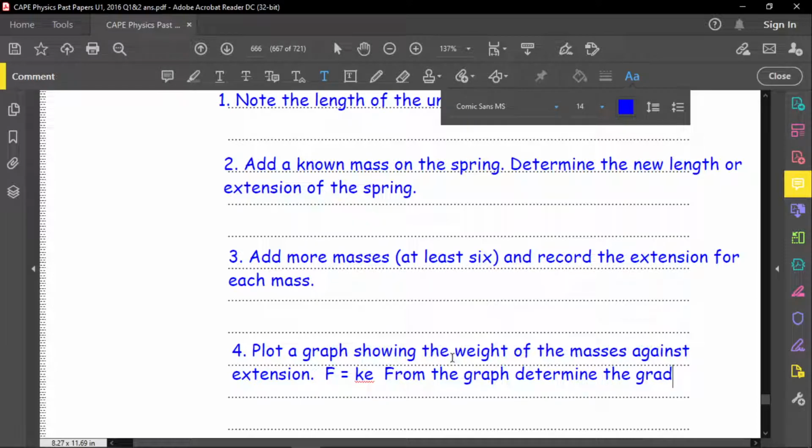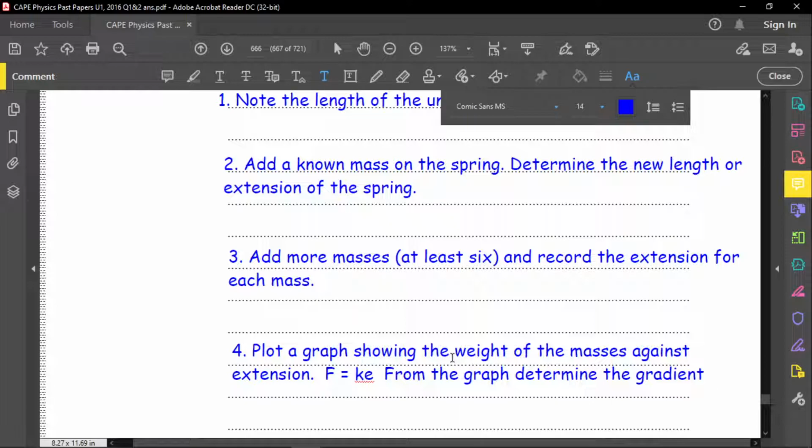So once you determine the gradient, what you're actually determining right here is the constant, because the weight, which will be on the y-axis, divided by the extension, will give you the constant. However, if the graph was plotted with extension on the y and force on the x, then it will be the inverse of the gradient to give you your constant. So also be aware of what is on the x-axis and what is on the y-axis.